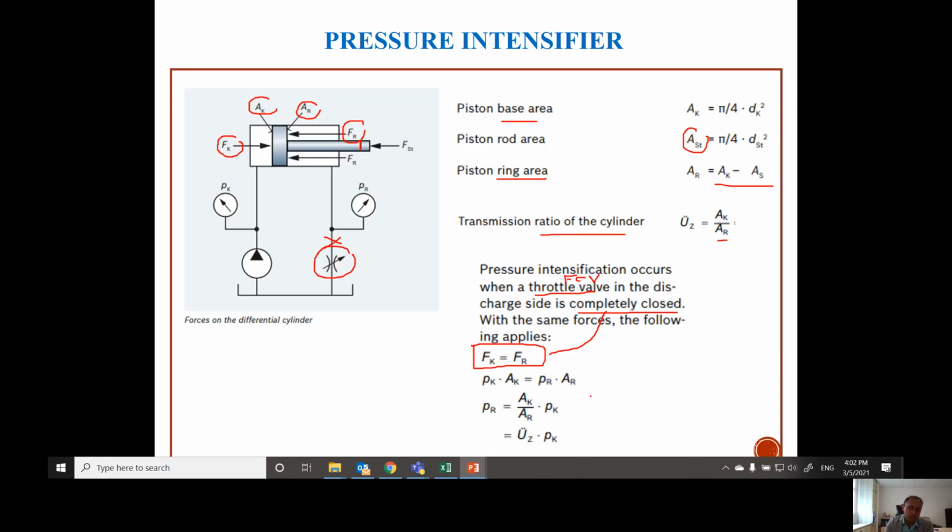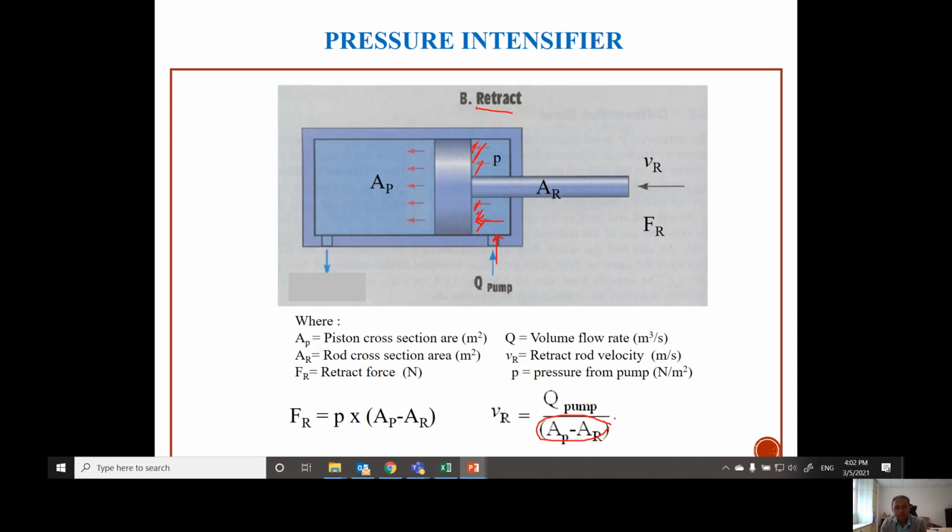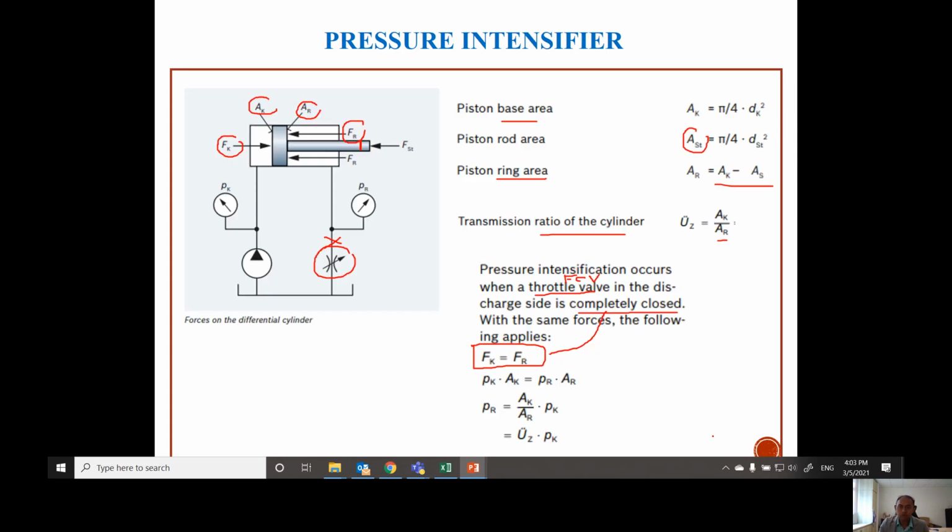Okay, don't get confused here because this Ar is referring to the rod area. Because I took this diagram from a different source, that's why it's a bit confusing.